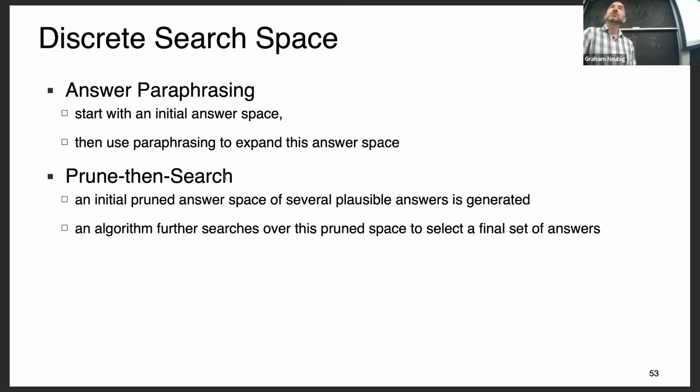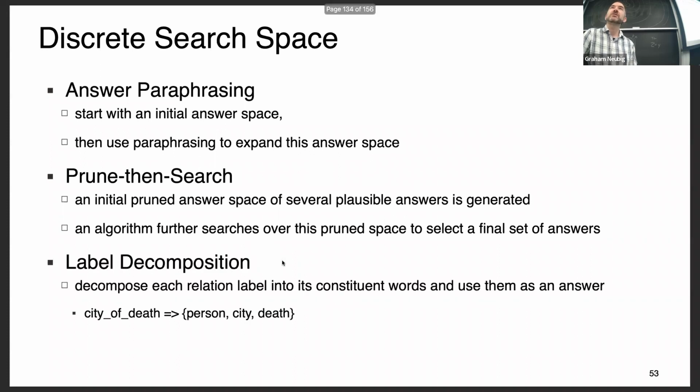Another thing you can do is define the answer space with several plausible answers, and then use an algorithm to further search over this pruned space to select the final set of answers. Another thing, which I don't think is quite as common, is you can also decompose multi-word tokens into single words, and then use the individual single words to make predictions as well.